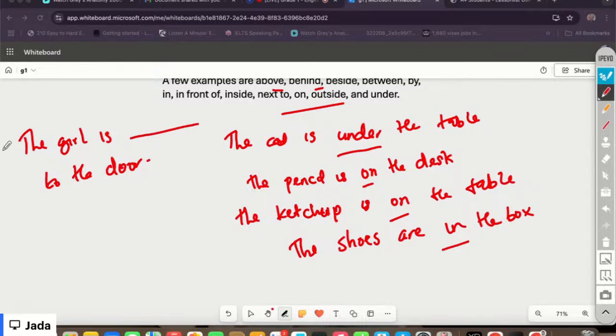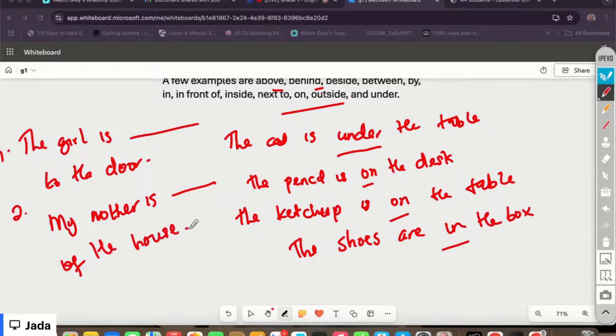So we have two questions, okay? So we also have my mother is dash of the house. So, what do you think? Have a look at this one. The girl is dash to the door. My mother is dash of the house.